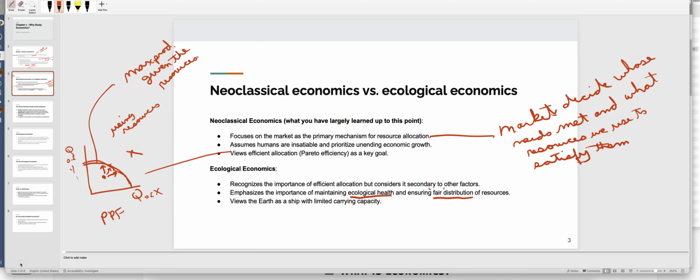The guy is a little bit out there, but anyway, the metaphor that's created here, I think, is pretty telling. We should all be generally aware that we have limited resources on this planet, and with those limited resources, we can only do as much as we can with the resources that we have.